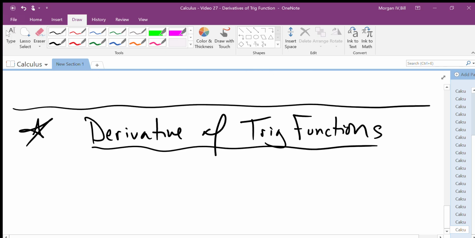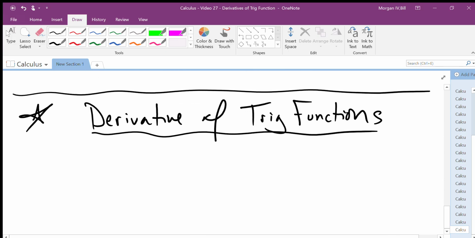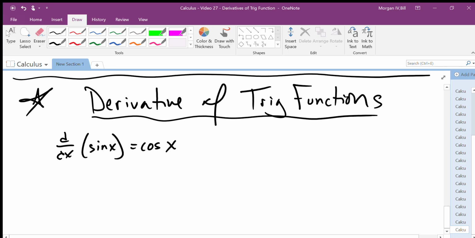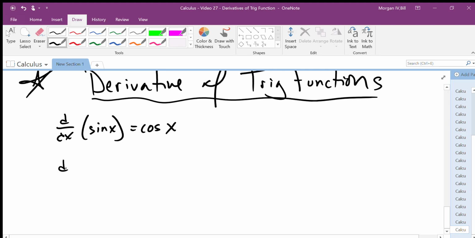So let's just write down the rest of them. The one we've actually proven is that the derivative of sine of x is cosine of x. The next one is that the derivative of cosine of x is, you might say sine of x and you'd be really close, it's actually negative sine of x.